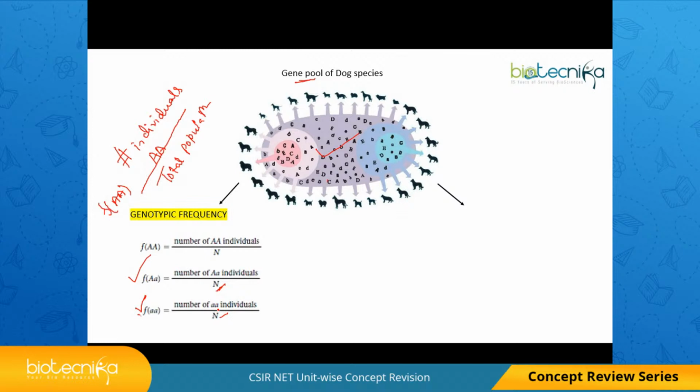But yes, gene pool, as I said, is associated with the population. Because in the population of a particular species, three things are connected here. Let me clarify this point. We are talking about the population of a particular species. Be very specific.